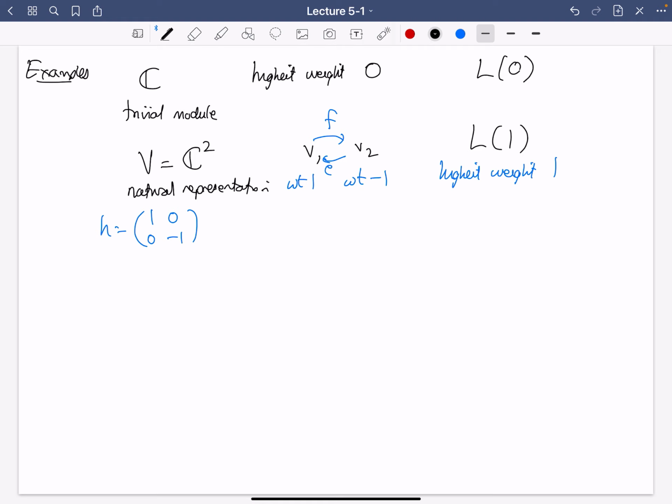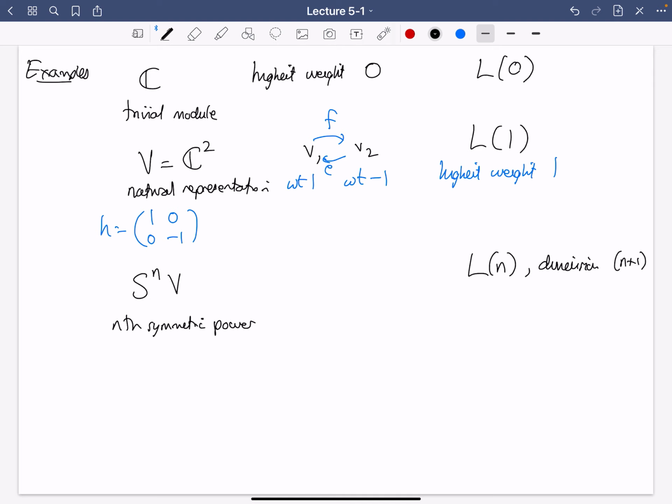And then I guess in general you can look at S^n V, the nth symmetric power of the defining representation. So that's going to be L of n, of dimension n plus 1, since the nth symmetric power of a two-dimensional vector space has dimension n plus 1.